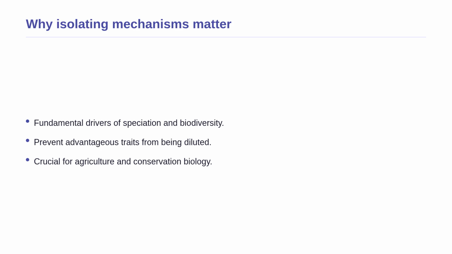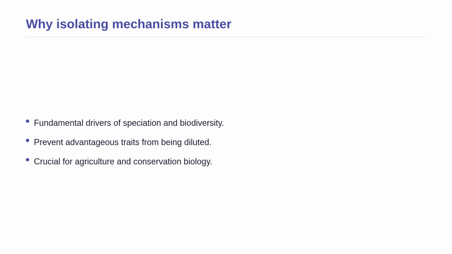Understanding these two types of barriers leads us to a bigger question. Why do they matter so much in the grand scheme of life? Without these crucial barriers, the incredible diversity of life we see around us would simply not exist. Any new advantageous trait would quickly be diluted by constant interbreeding with other groups.